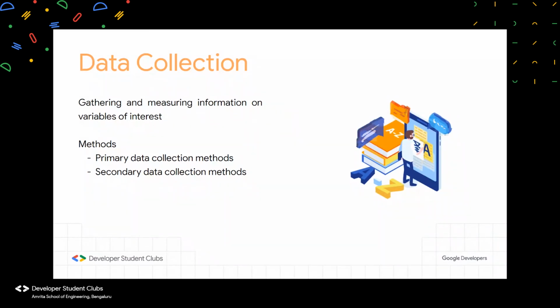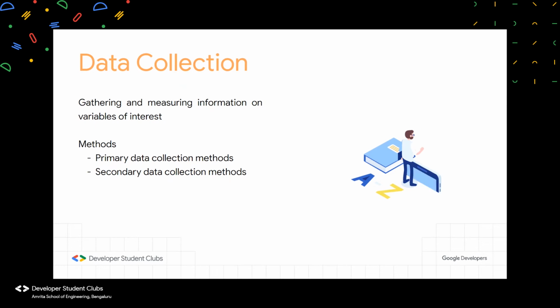Now there are different methods of how data can be collected. First, you've got primary data or secondary data. Under primary data, there can be statistical methods, surveys, polls, interviews, focus groups, etc. And then you've also got secondary data collection methods like financial reports, sales reports, government reports, the internet, the biggest secondary data source for data collection.